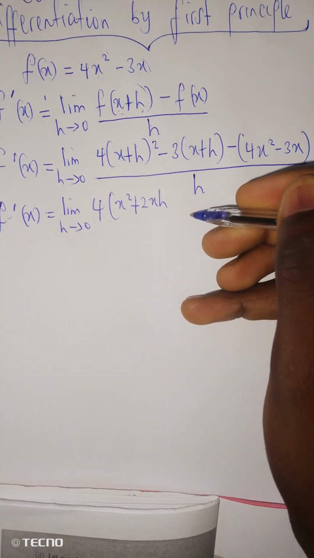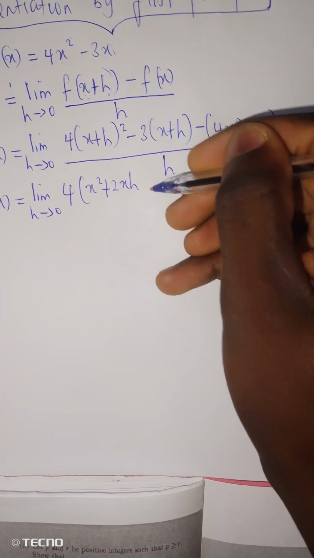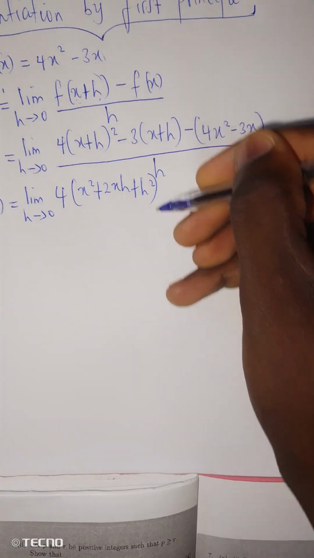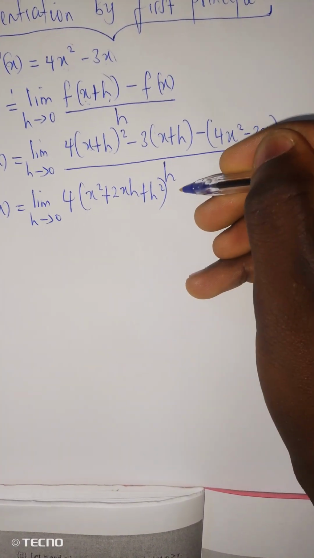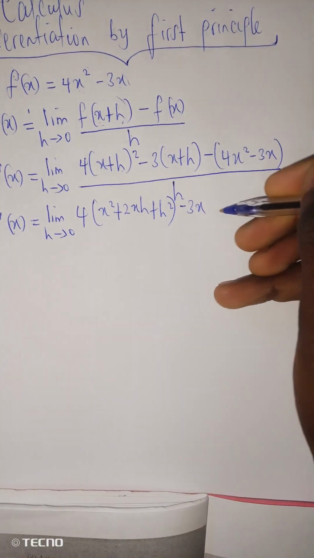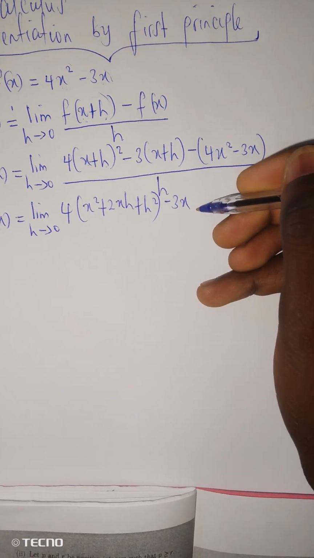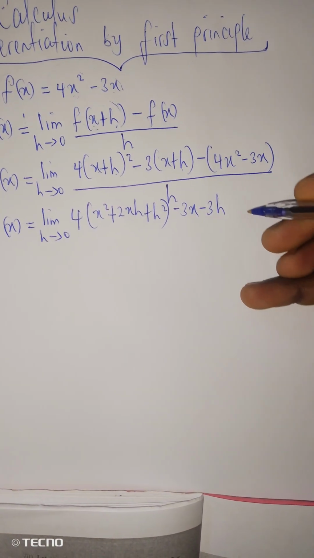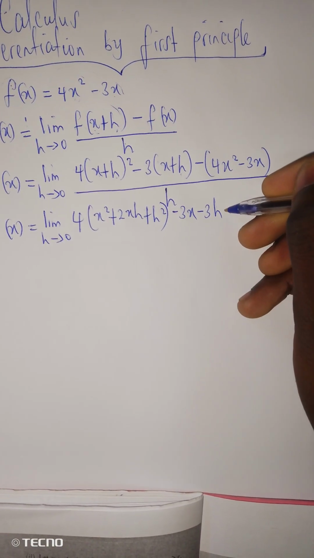Okay, then you say h squared, so plus h squared. I've expanded that. Then negative 3 times x, that will give negative 3x, then negative 3 multiplied by h, that will give negative 3h.